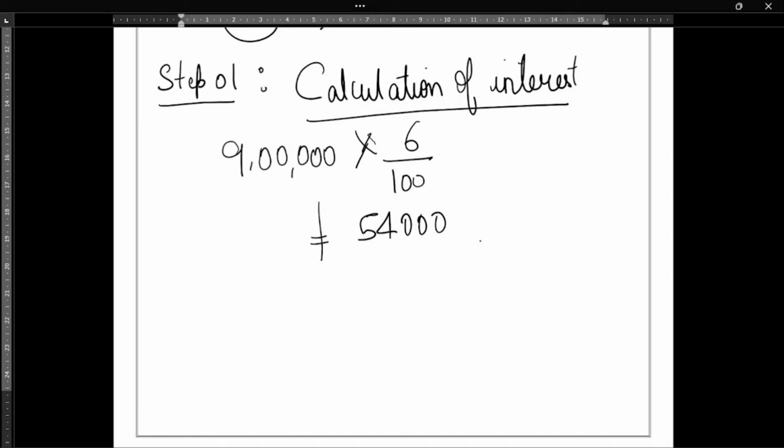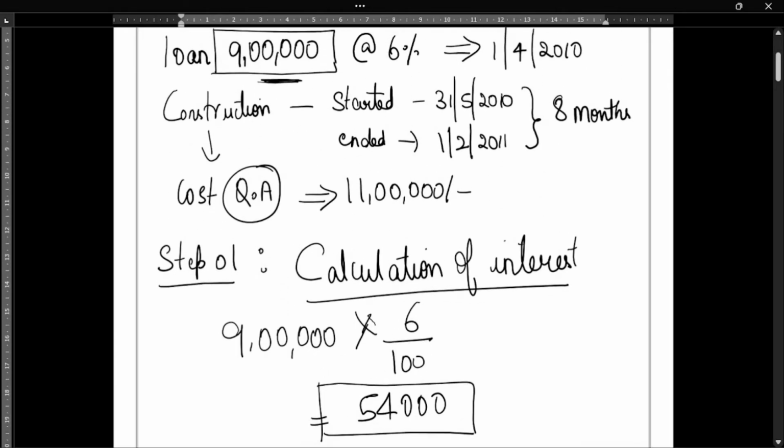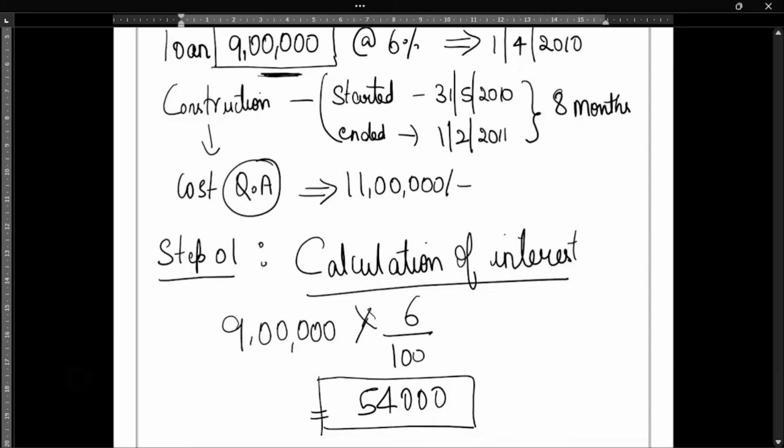Now this complete 54,000 will not be capitalized. We do not capitalize the complete 54,000. We capitalize interest only until the construction of the qualifying asset is complete. Till the asset is constructed, only up to that particular period of time the interest will be capitalized.